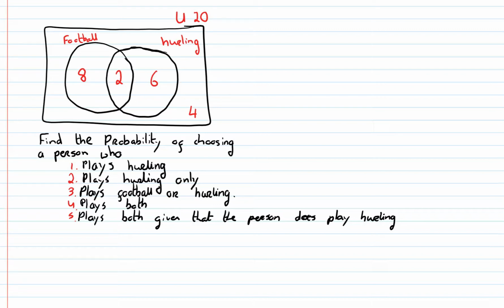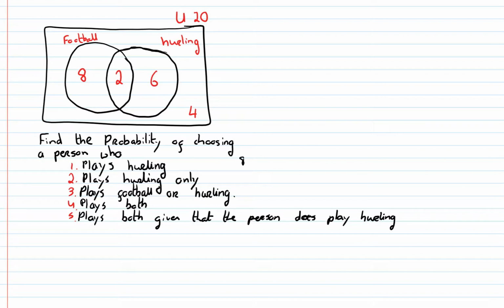Find the probability of choosing a person who plays hurling. Okay, so all these 20 people are there in a line. What's the chances of me choosing a person who plays hurling? Well, there's 8 people who play hurling, 6 just hurling, but there's also another 2 that play both.